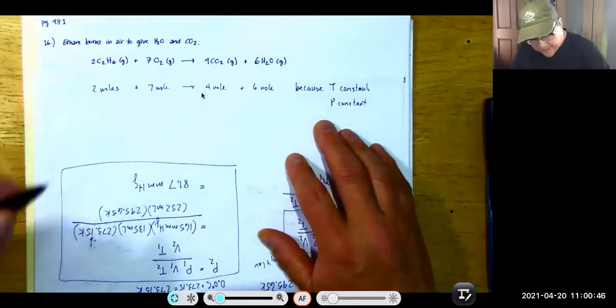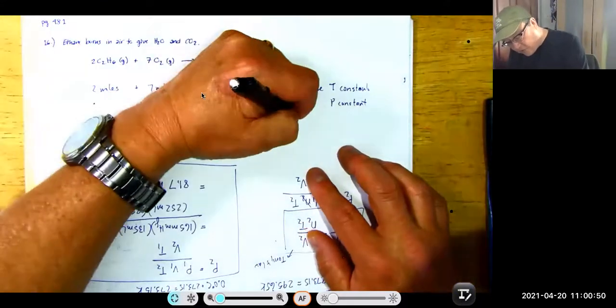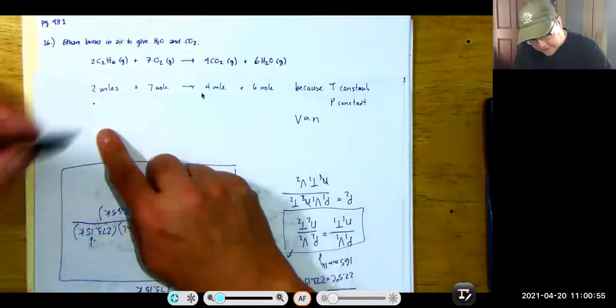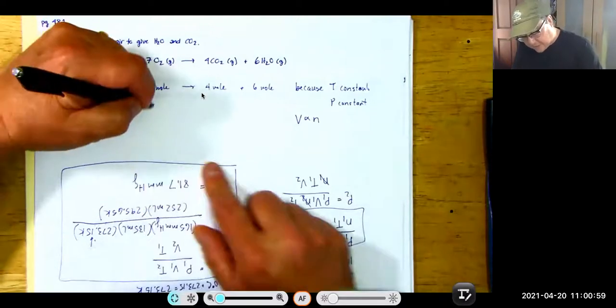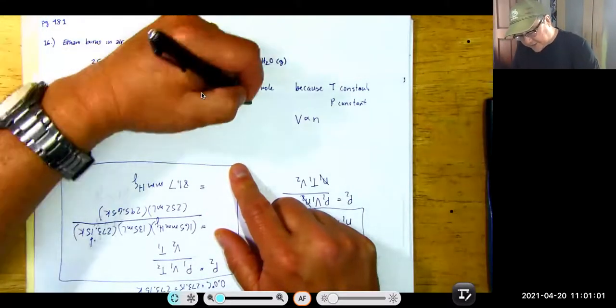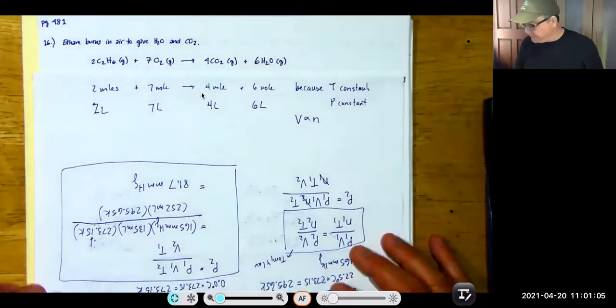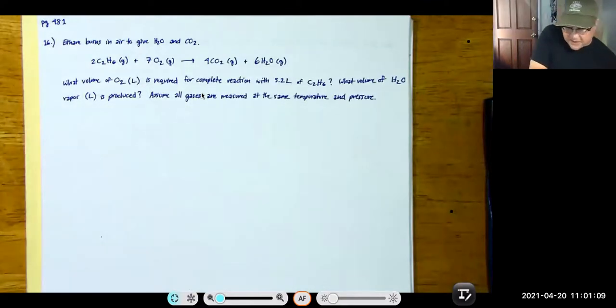That means we can think of these not as moles, but since volume is proportional to moles in this case, we can think of this as being 2 liters, 7 liters, 4 liters, and 6 liters. And that makes this problem a whole lot easier. So let's see what this problem becomes with that in mind.